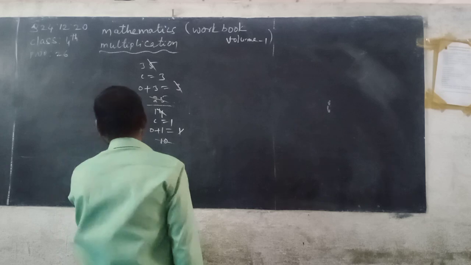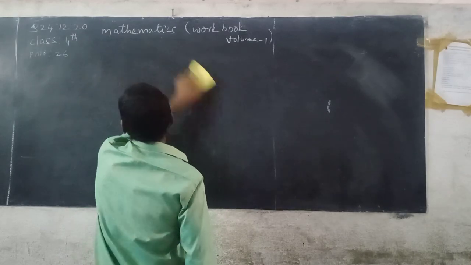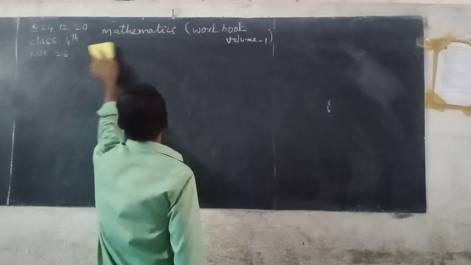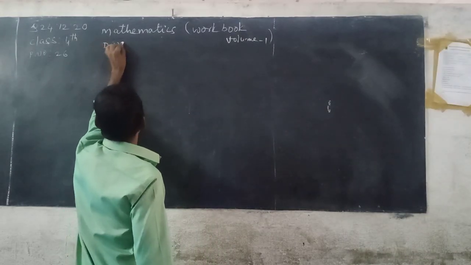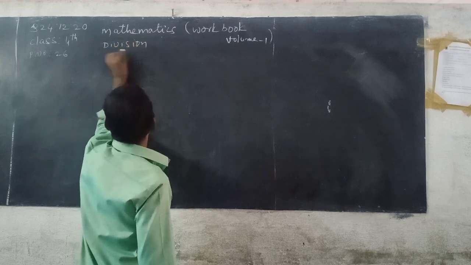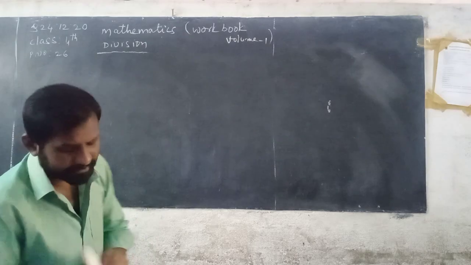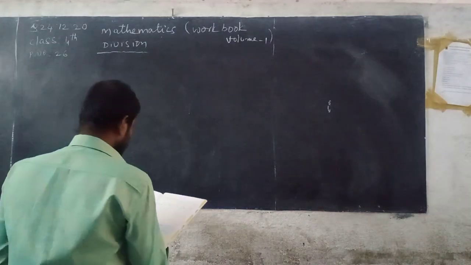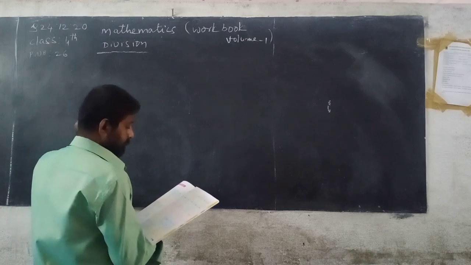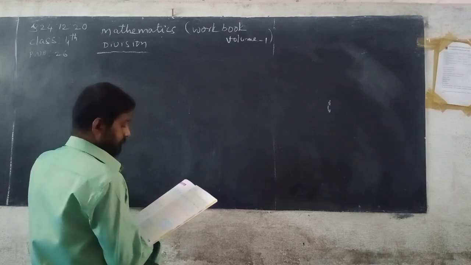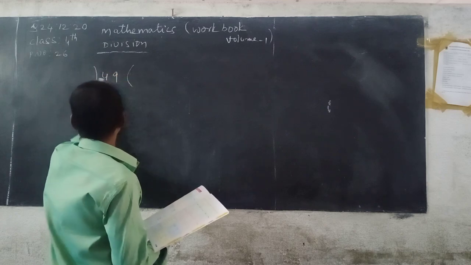So now next, division. See, the first one is 49 divided by 7.